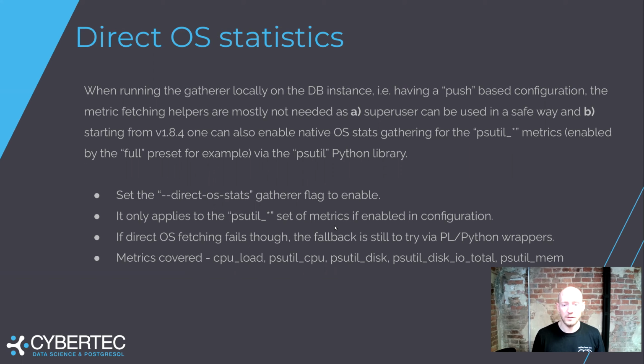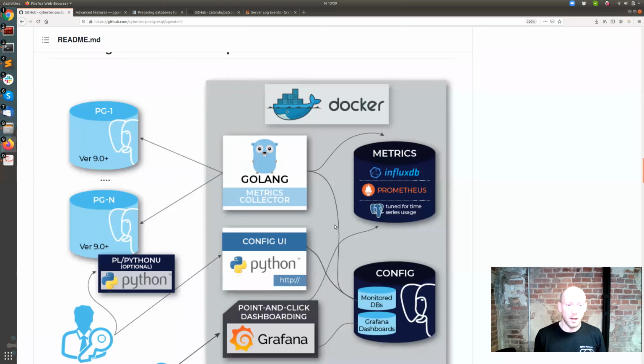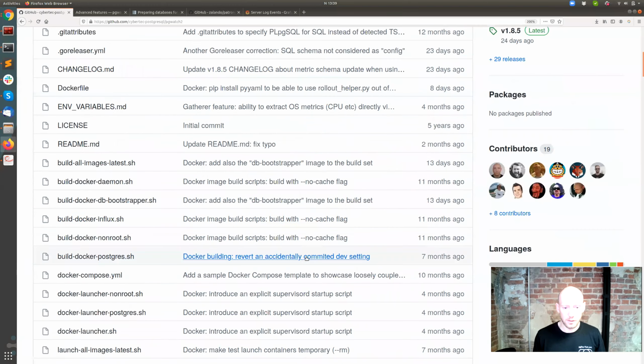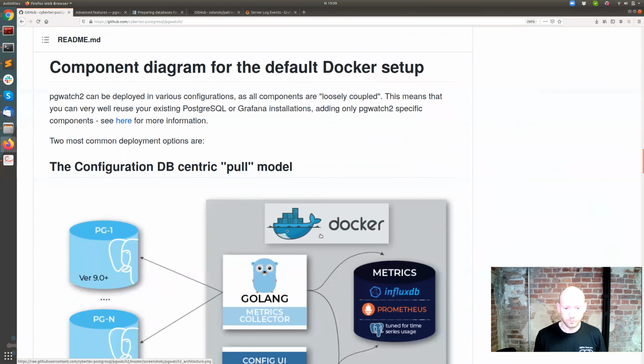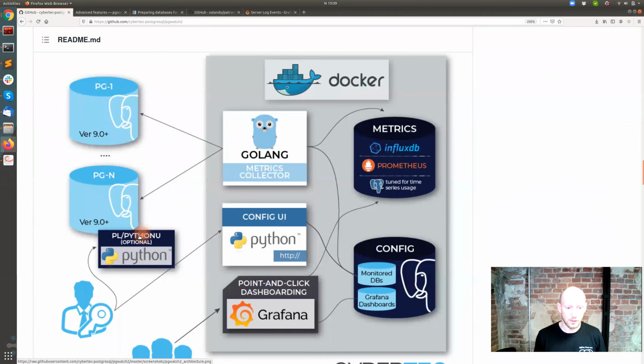Then the next feature, direct operating system statistics. We covered this a bit also in the previous talk, and it has to do with this part here. Normally you would get system metrics via those PL/Python helpers on a remote database.